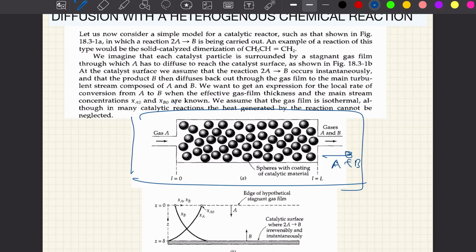We want to get an expression for the local rate of conversion from A to B when the effective gas film thickness and the main stream concentrations XA0 and XB0 are known. We assume that the gas film is isothermal, although in many catalytic reactions the heat generated by the reaction cannot be neglected, but here we will neglect it considering it as an ideal condition.